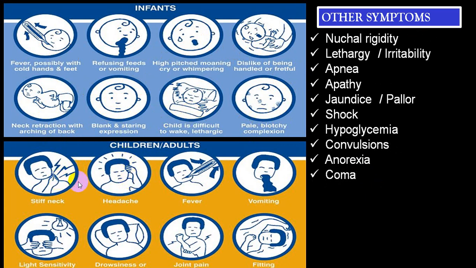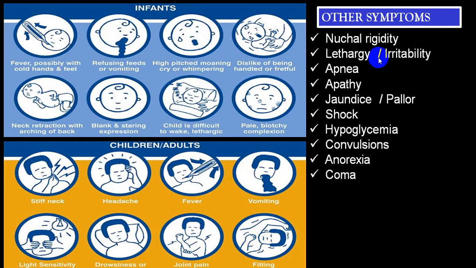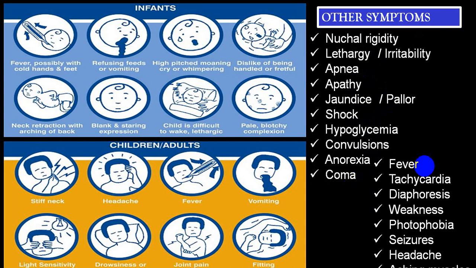In adults, stiff neck, headache, fever, vomiting, then convulsions, body ache, drowsiness, altered level of consciousness, photosensitivity or photophobia, phonophobia will be quite common. Here you can see that the person will have a good number of symptoms: neck rigidity, lethargy, apnea, apathy, jaundice, pallor, shock, hypoglycemia, convulsions, anorexia, coma, fever, tachycardia, diaphoresis, seizures, weakness, photophobia, phonophobia, headache, aching muscles.